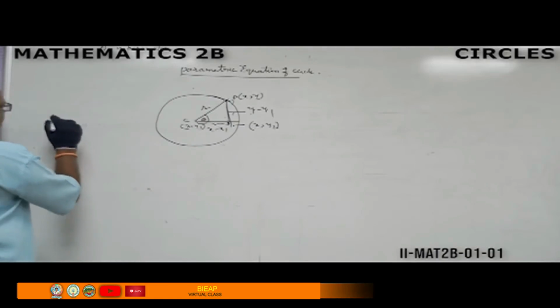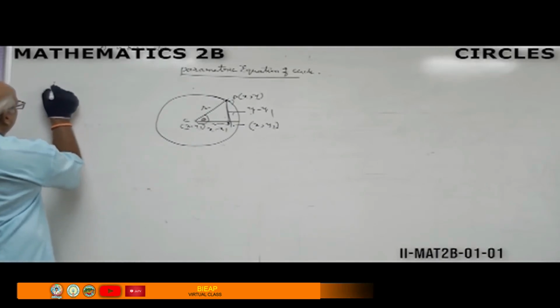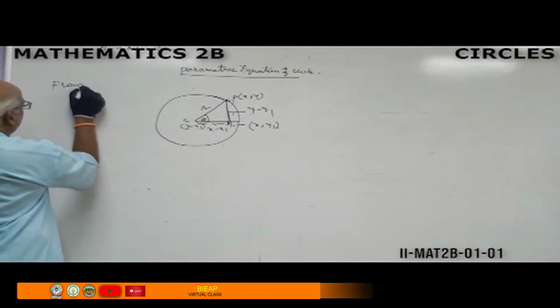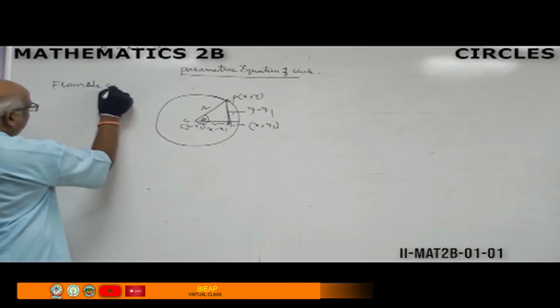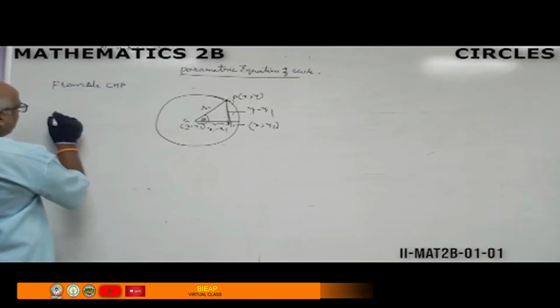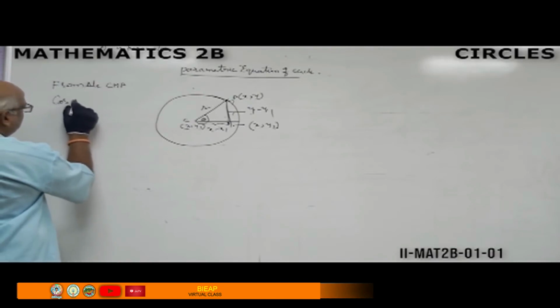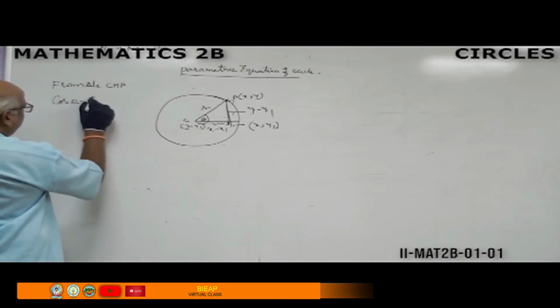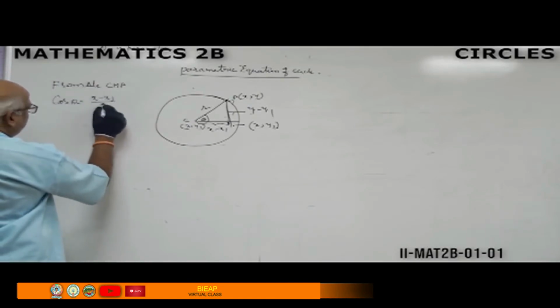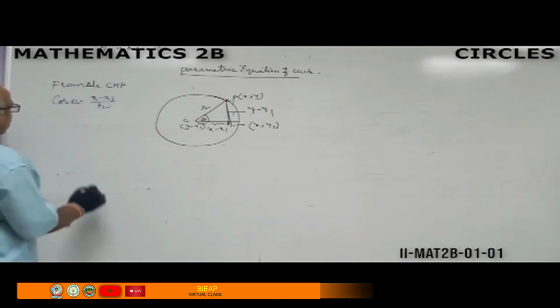So from the right-angled triangle CMP, cos theta equals adjacent side (x minus x1) by hypotenuse r.